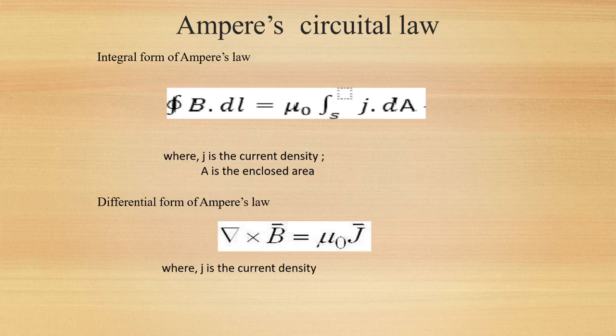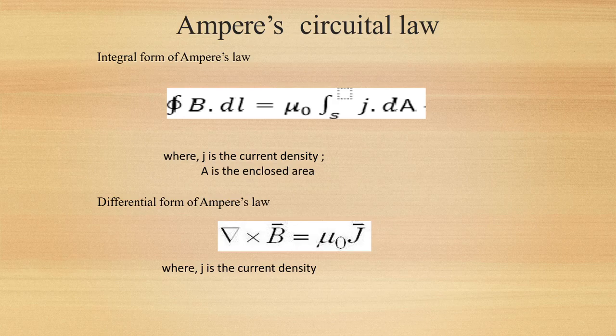We apply Ampere's law to determine H for some symmetrical current distributions, as we did for Gauss's law. We'll consider an infinite line current and an infinite current sheet. For a long filamentary current I along the Z axis, we determine H at an observation point P. Then we allow a closed path to pass through P. This path on which Ampere's law is applied is known as the Amperian path.